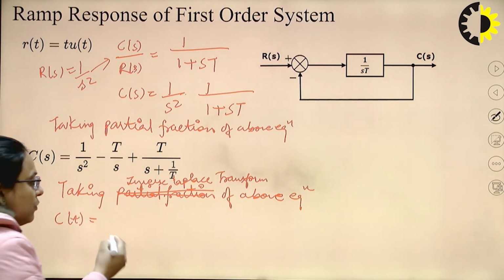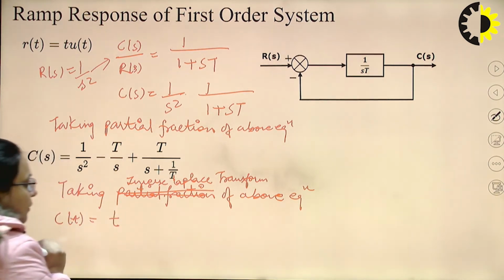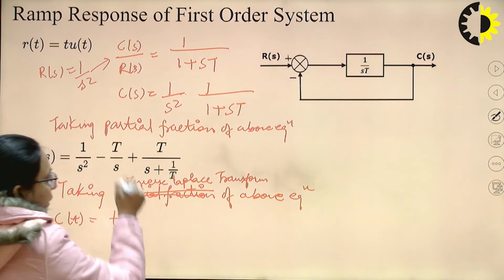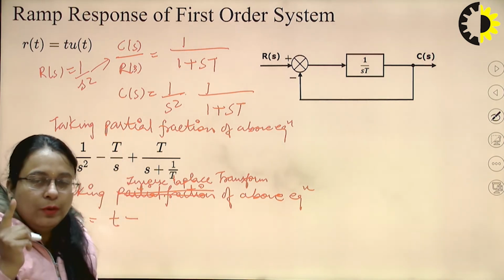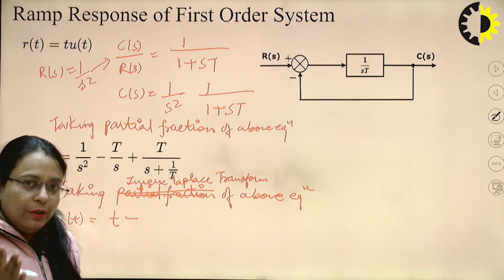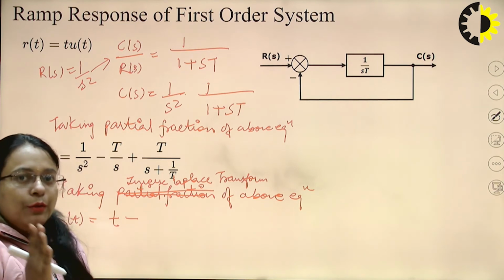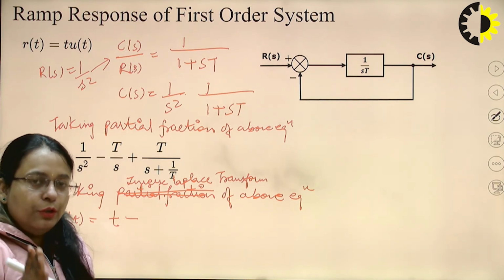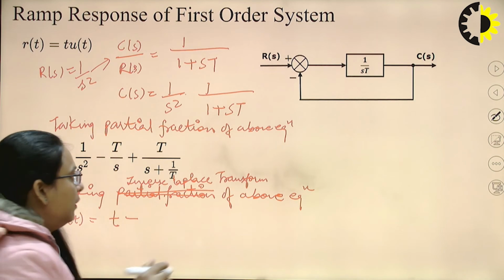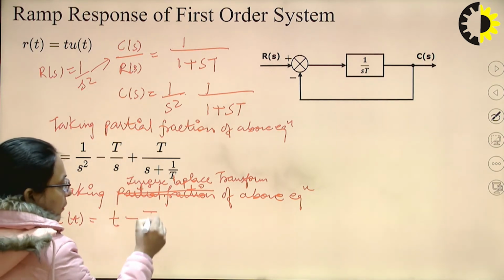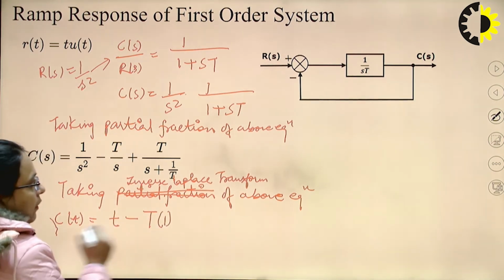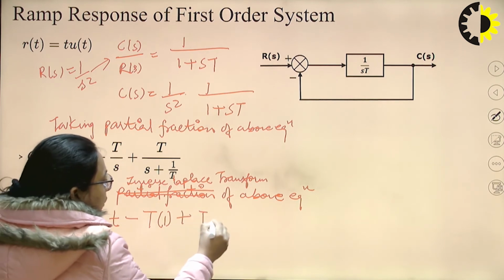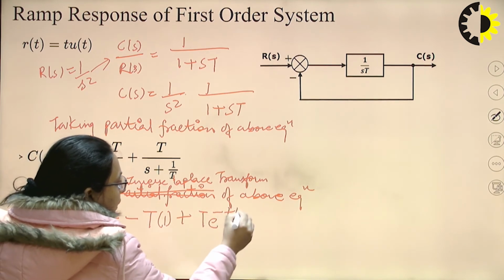The inverse Laplace transform of 1 by s square is small t, and the inverse Laplace transform of 1 by s is the step function. You can write it as u(t) or unit step function. For unit step function, you can write the value as simply 1. So T is a constant here, and we can write it as t minus T into 1 plus T into e raised to the power minus t by capital T.